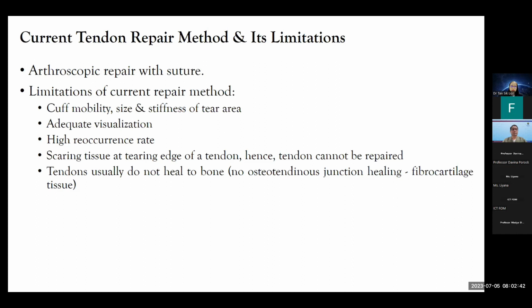There is also a high recurrence rate post repair, and the presence of scar tissue at the edge of the tendon may prevent proper tendon repair. Also, the tendon usually does not heal to bone, specifically at the osteotendinous junction, where fibrocartilage tissue is usually observed.